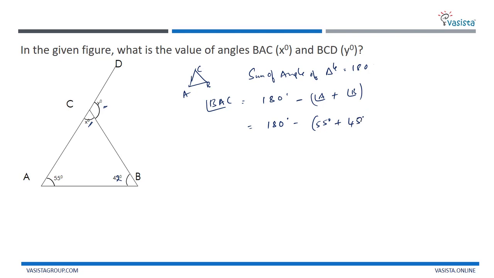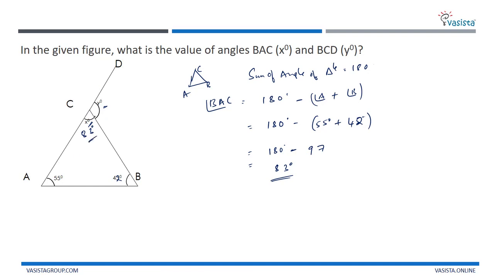This is 42 degree. So which is going to be 180 minus 5 plus 2 is 7, 5 plus 4 is 9, 97 degree. If you simplify, 180 minus 97 is nothing but 83 degrees. This is 83 degree. X degree is 83.